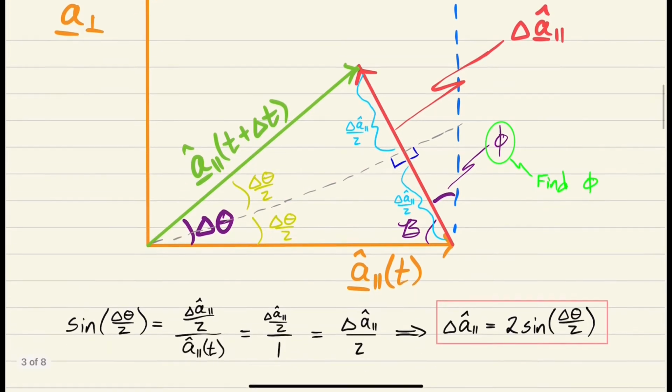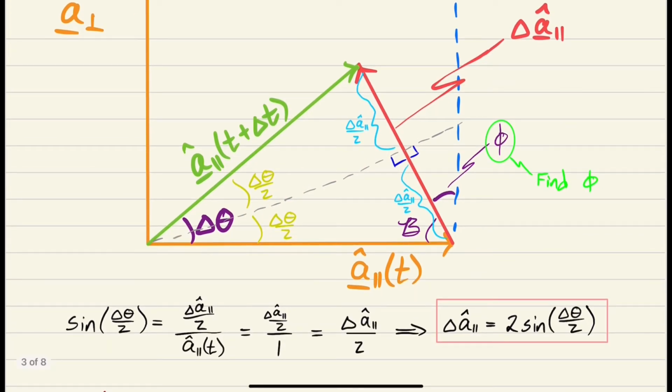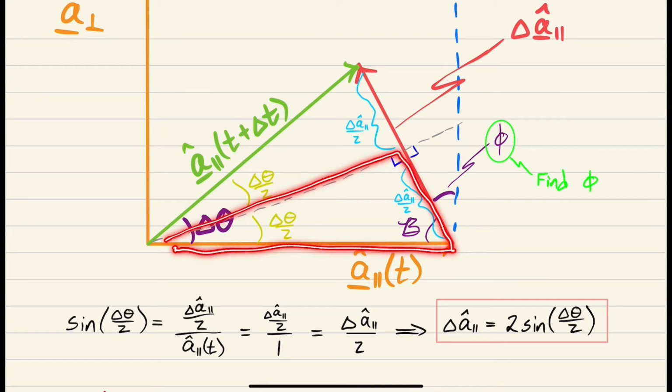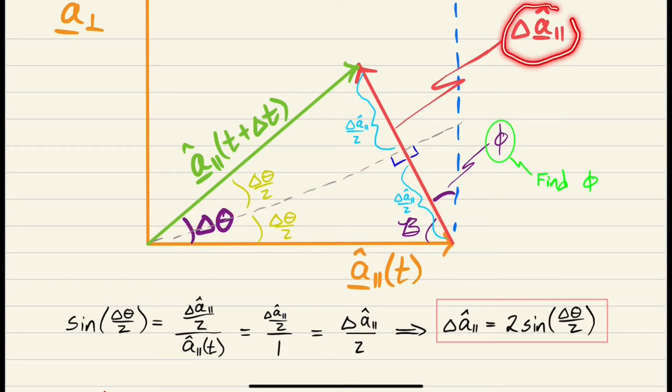And so let's take the sine of delta theta over 2. So sine of this triangle of delta theta over 2 is opposite over hypotenuse. So the opposite of delta theta over 2 is half of this length of the vector, the change in a hat parallel.